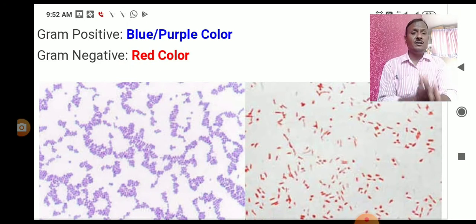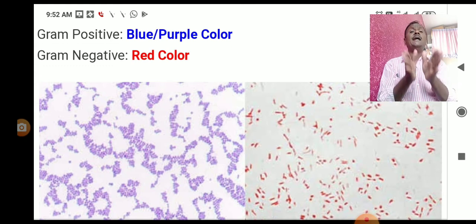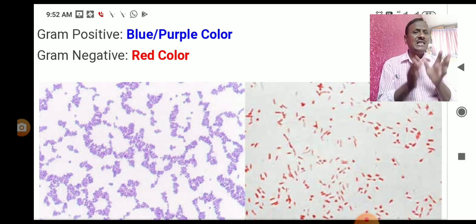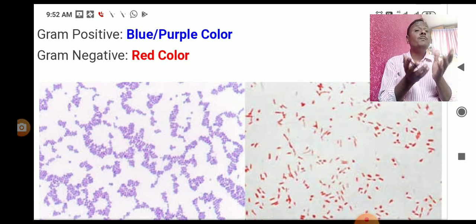Under the microscope, this is the observation. We can observe two colors of microorganisms. Gram positive bacteria look purple blue, and gram negative bacteria look red or pink.